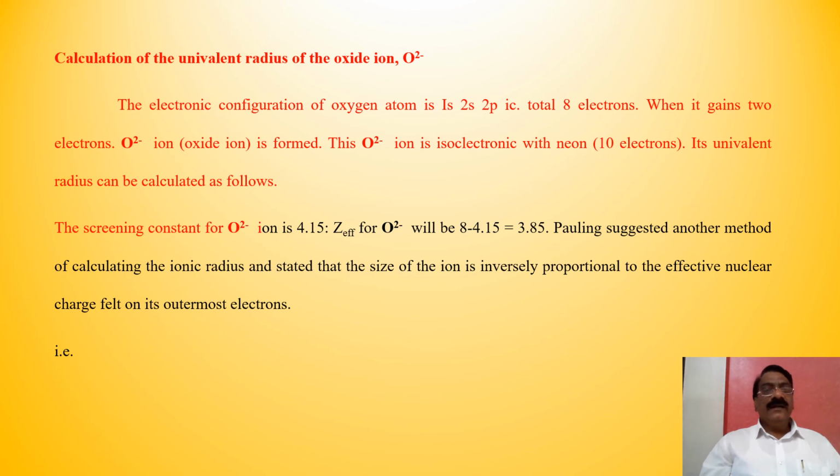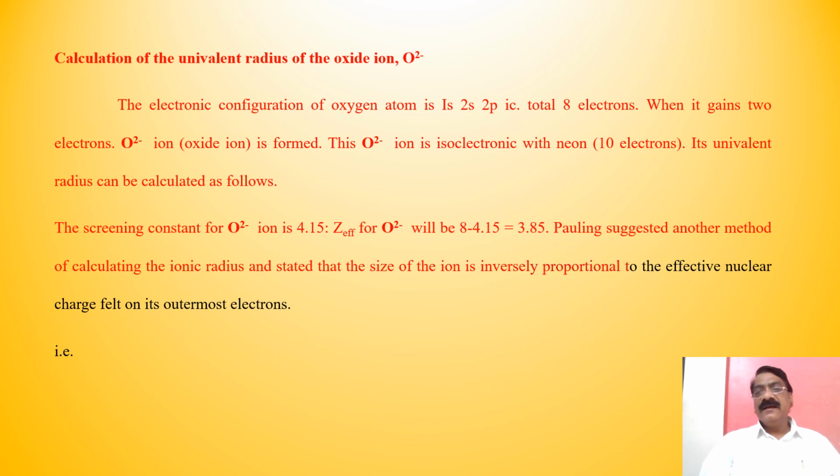Its univalent radius can be calculated as follows. The screening constant for the O two minus ion is 4.15. So Z effective for the oxide ion will be 8 minus 4.15, which is equal to 3.85.